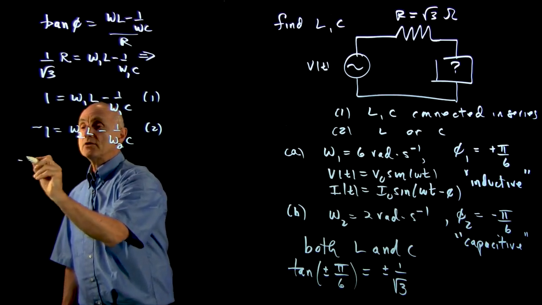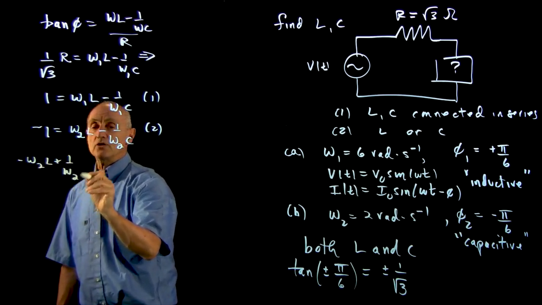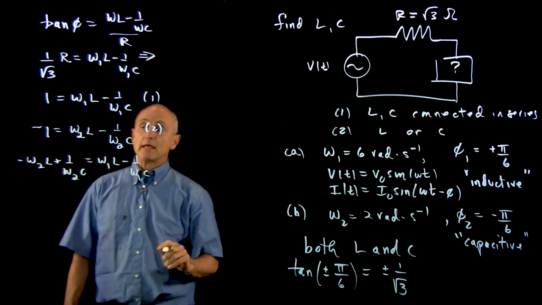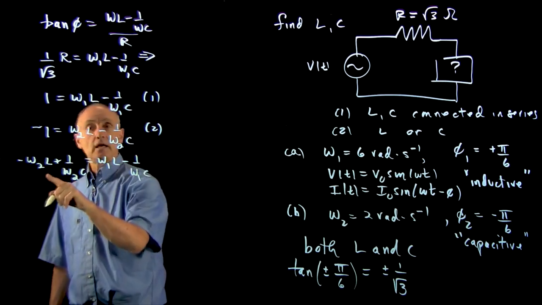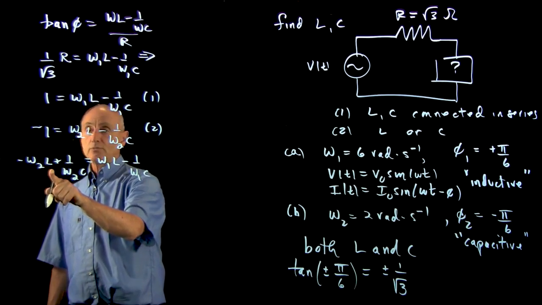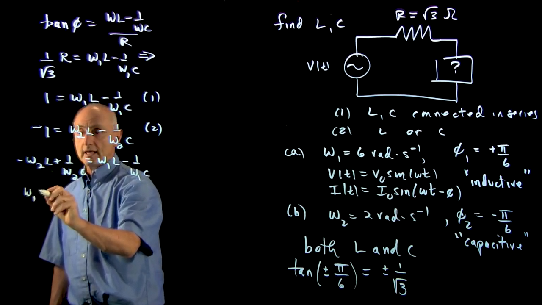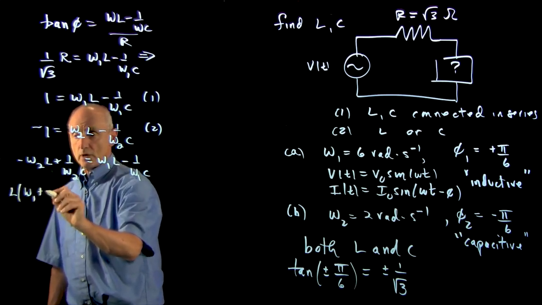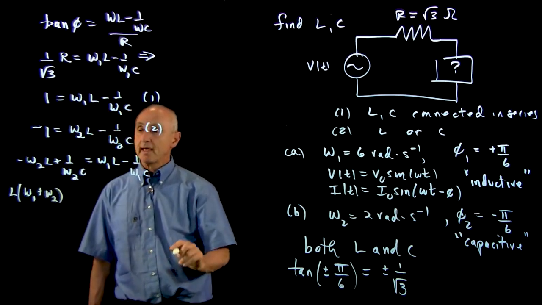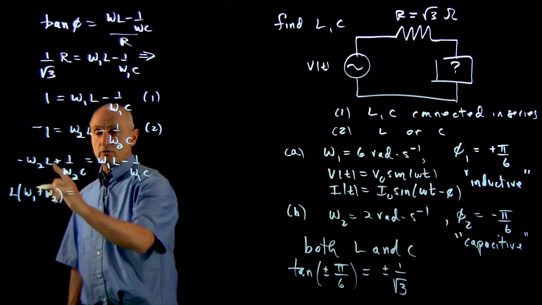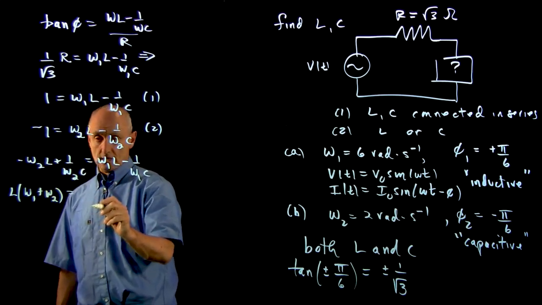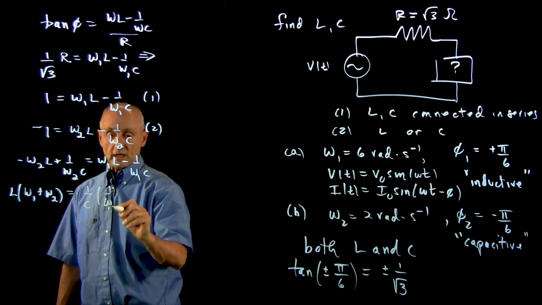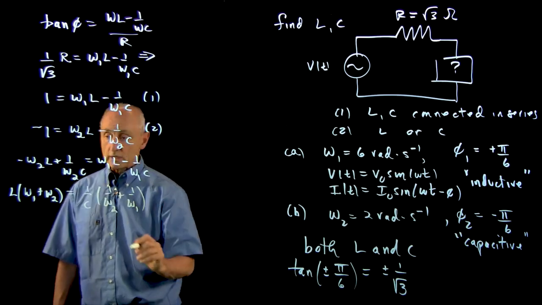So I get minus omega 2 L plus 1 over omega 2 C equals omega 1 L minus 1 over omega 1 C. And now I can combine terms, so I get L times omega 1 plus omega 2, and that's equal to, bringing these terms over to this side, 1 over C times 1 over omega 2 plus 1 over omega 1.